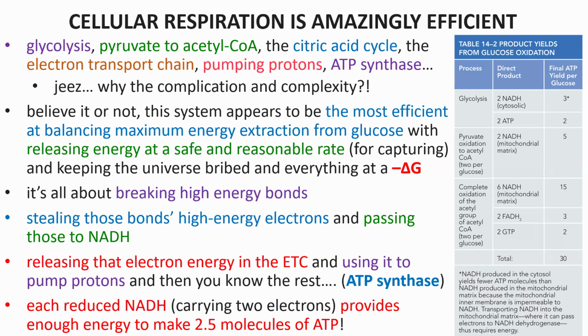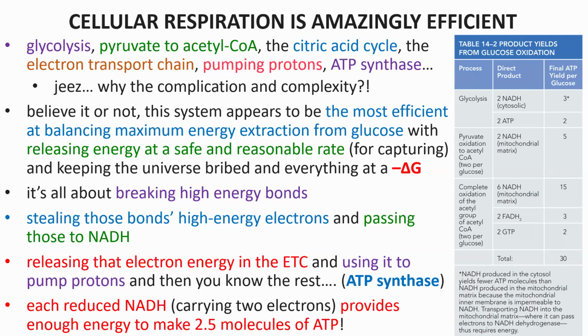Then the 2 NADHs that we get from the conversion of pyruvate into acetyl-CoA, we can make our full 5 ATPs from them. 6 NADHs from the citric acid cycle, 15 molecules of ATP from them. The electrons from FAD are a little bit less high power. We can only make 1.5 ATPs from FAD electrons.